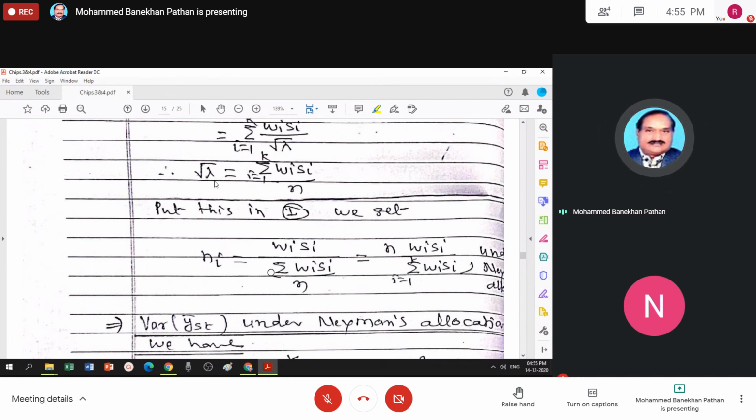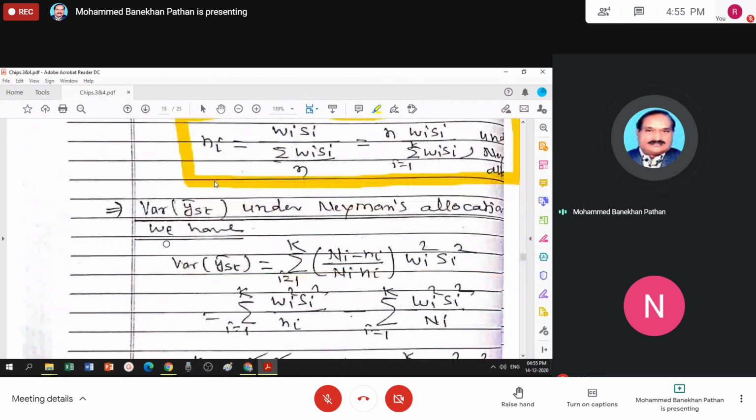Small ni equals n multiplied by Wisi divided by summation Wisi, or small n multiplied by capital Ni capital Si divided by summation i equals 1 to k capital Ni capital Si.